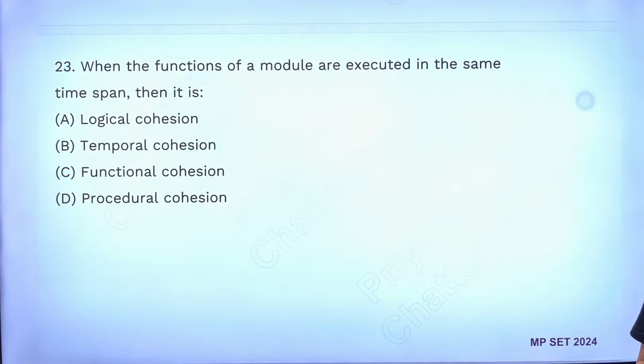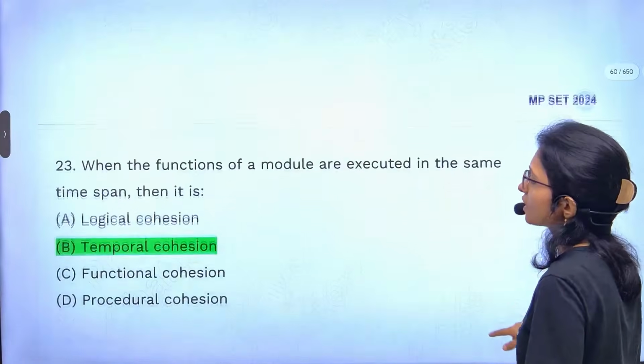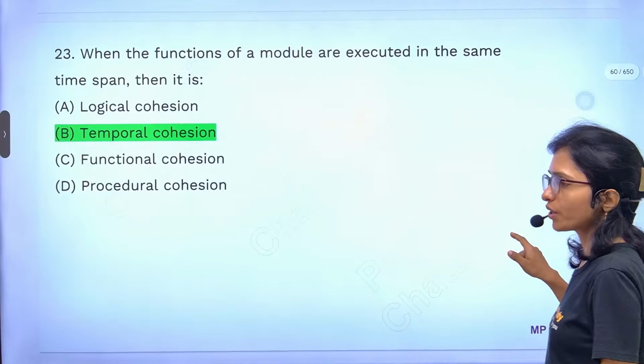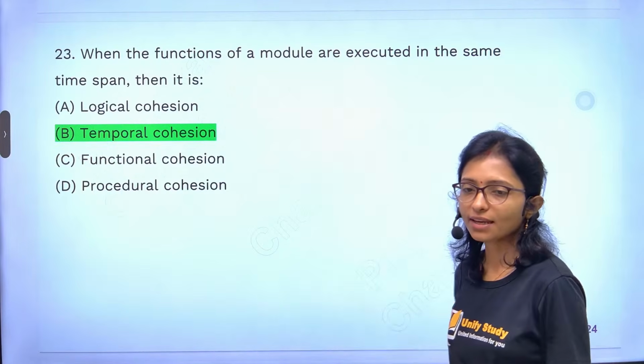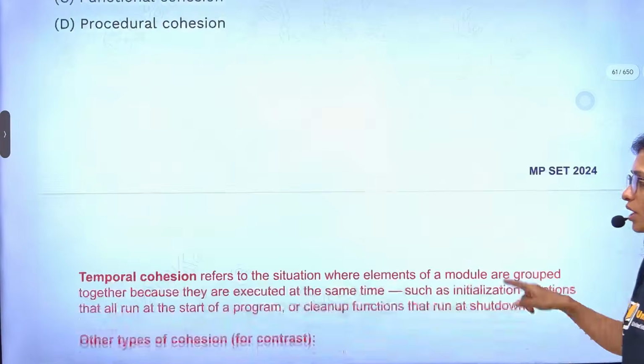Next, when the functions of a module are executed in the same time span, then it is called temporal cohesion. Time is the keyword. With the keyword time, you can remember that it is temporal cohesion.